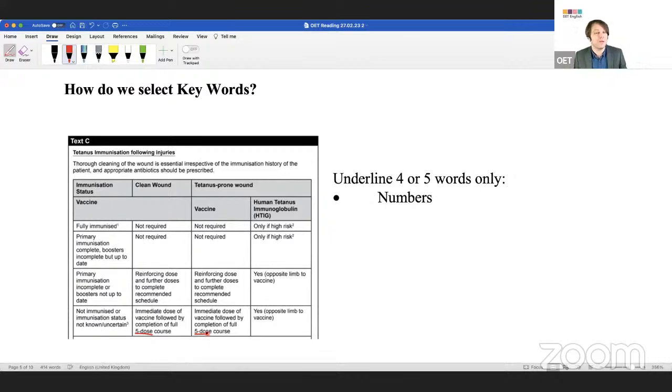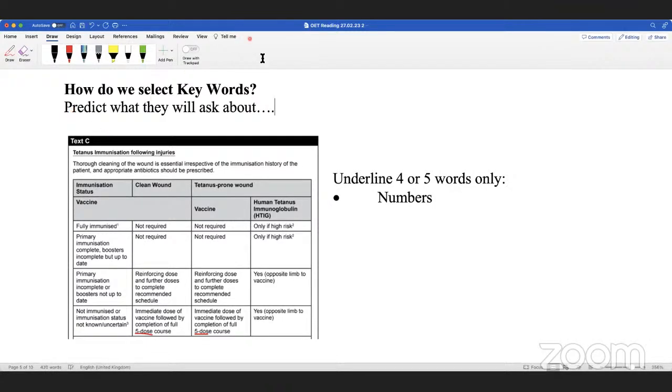Keywords can be very useful because with keywords, we're almost trying to predict what they will ask about. Does that make sense? And we're going to underline only 4 or 5 words. So we can underline numbers. What else can we underline, guys? Brackets.